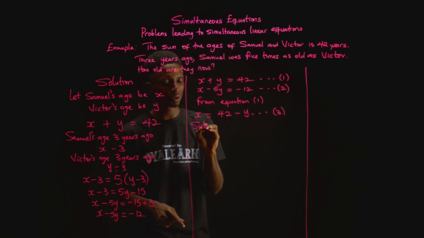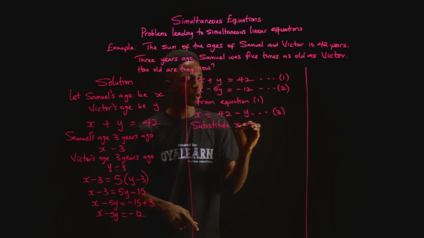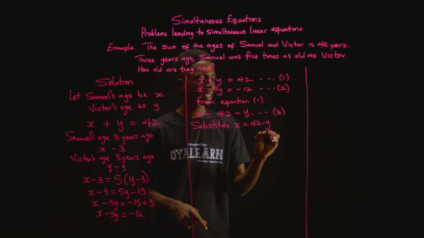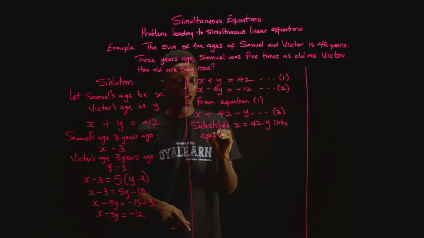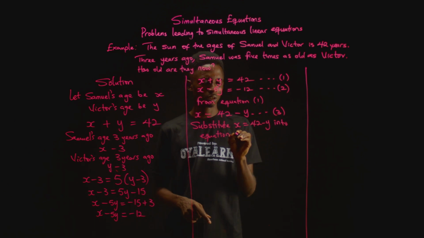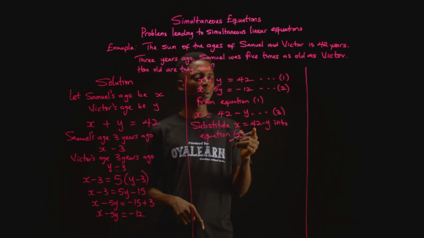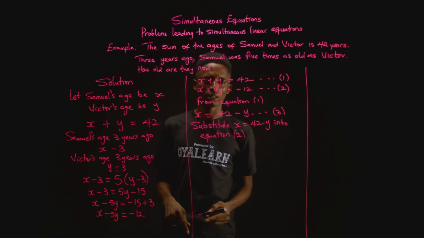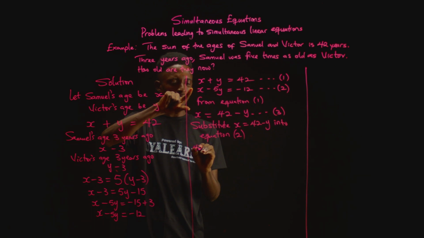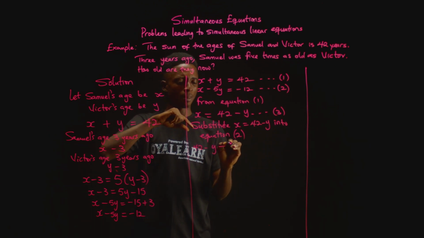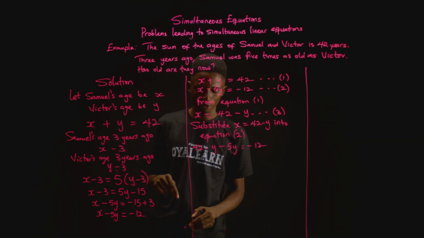Then we substitute X equals 42 minus Y into equation 2. So anywhere we find X in equation 2, we'll replace it with 42 minus Y. Hence, our equation 2 is now 42 minus Y minus 5Y equals minus 12.